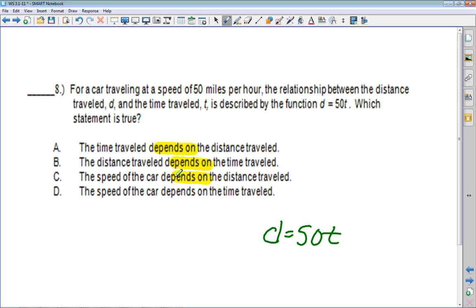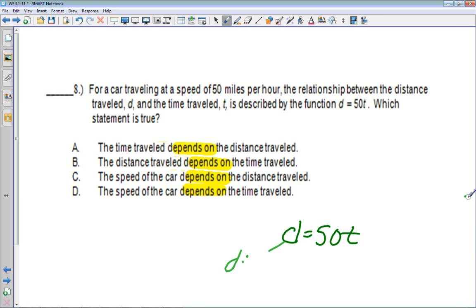Which statement is true? Okay, now if we look at all of these statements, they're talking about depends on, depends on, depends on. Okay, what are the 2 things that we're talking about first? We're talking about distance. Let's see if I can get my pen to start writing better now. Distance.